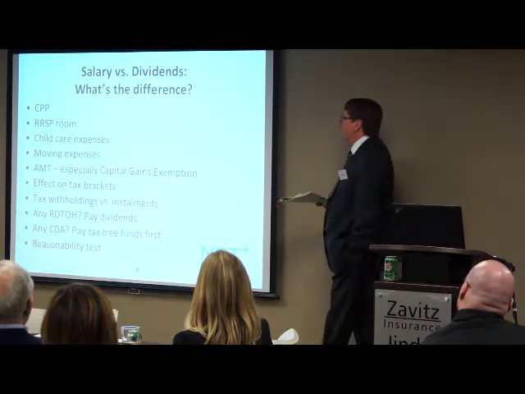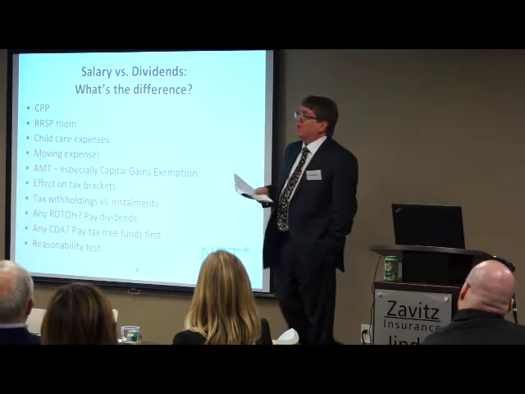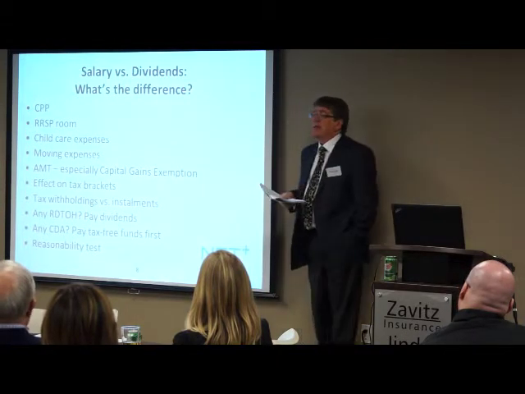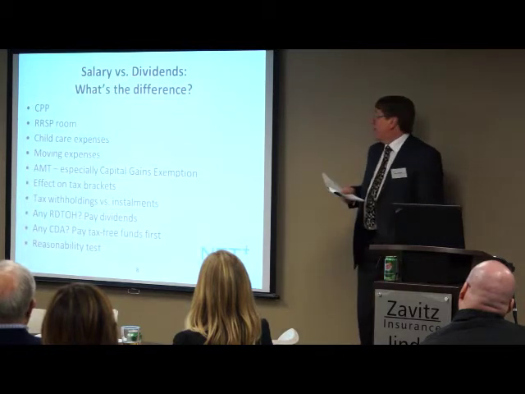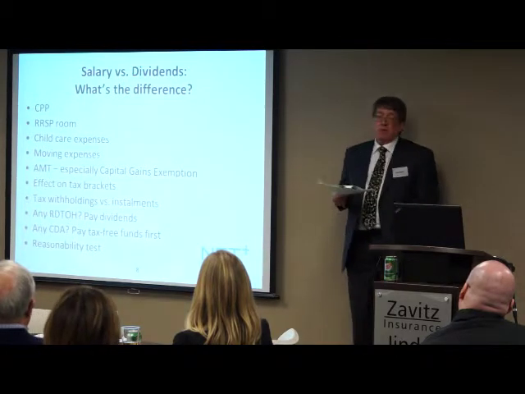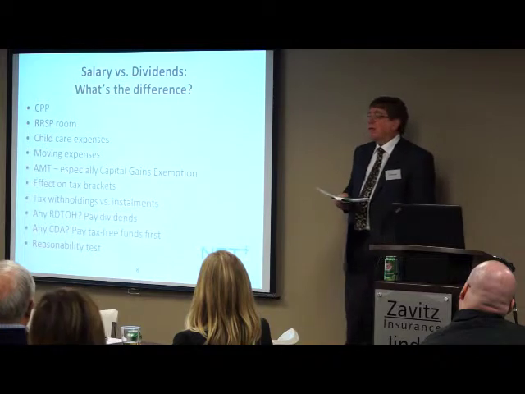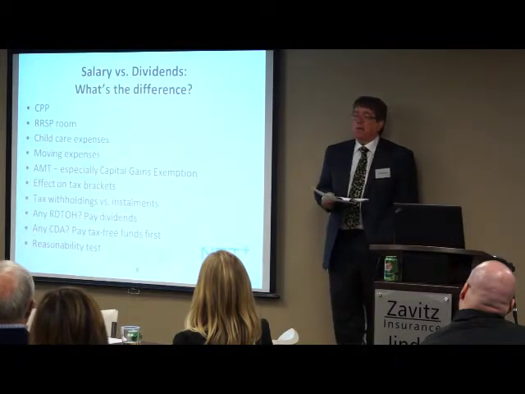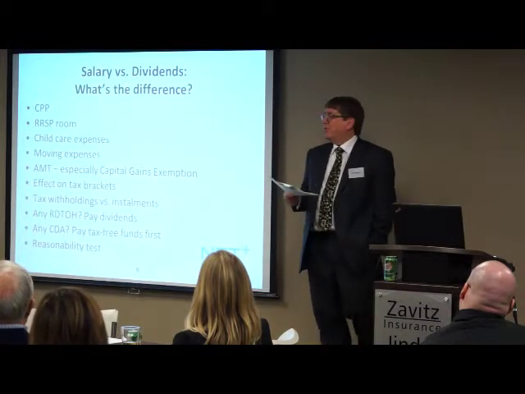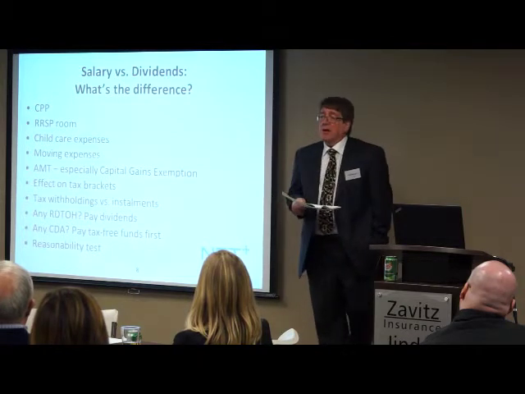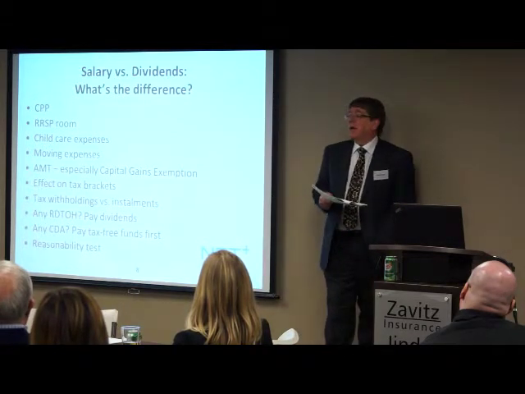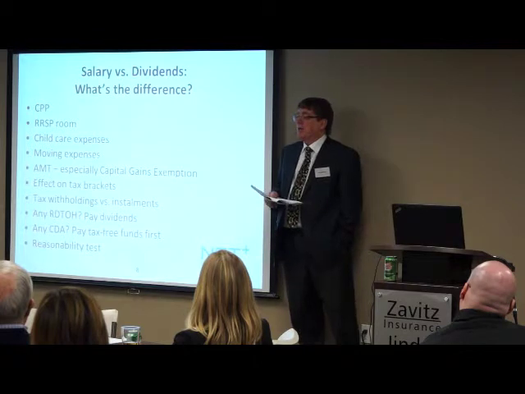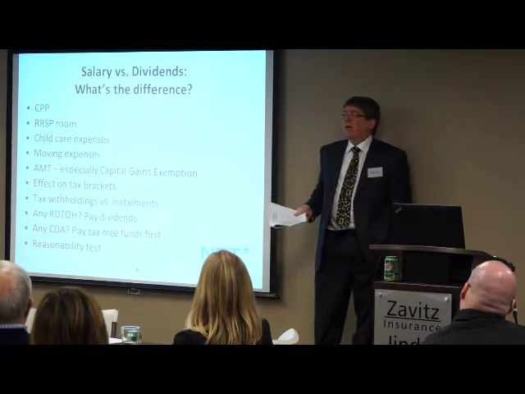Alternative minimum tax, you probably only are going to see this once or twice in your life. If you buy a whole bunch of crazy tax shelters, this is an extra little personal tax that can kick in. Or if you sell shares of a small business corporation and you get to use your lifetime capital gains exemption and pay little or no tax, then you may be surprised to see that you actually owe an additional amount called alternative minimum tax that you hopefully get back over the next few years.